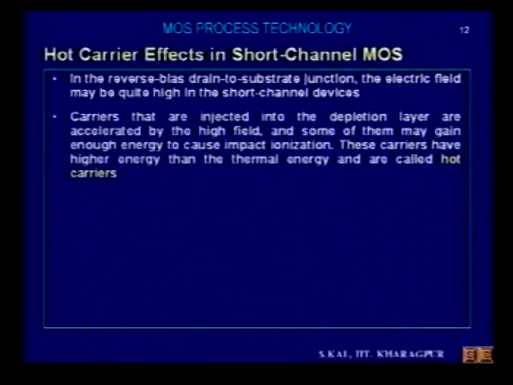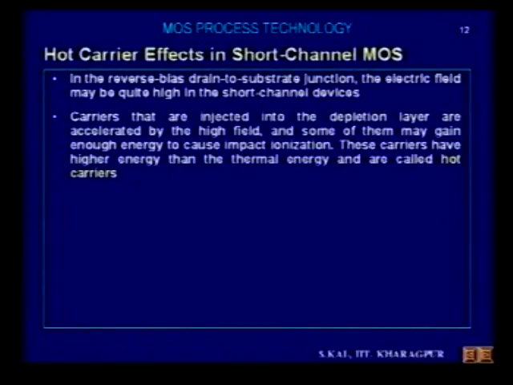Because of this high field, carriers which are injected into the depletion layer are accelerated by the high field, and some of them may gain enough energy to cause impact ionization. Because of the high field, those carriers will be energized and move with higher mobility, and they cause impact ionization.